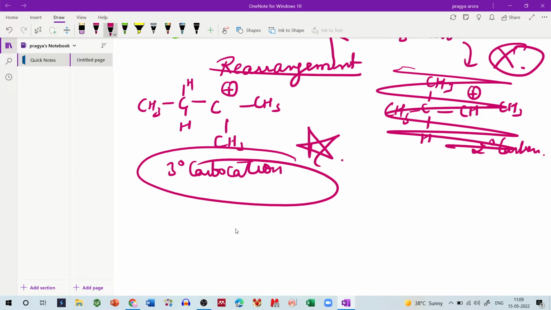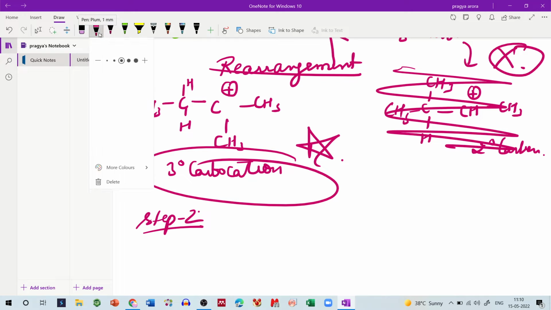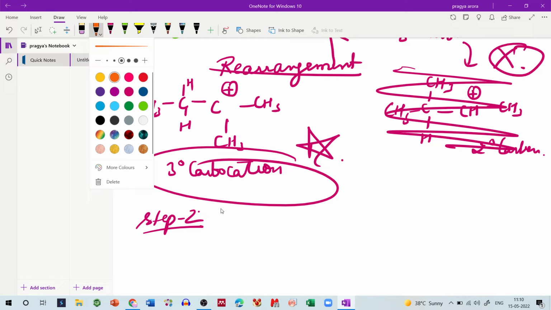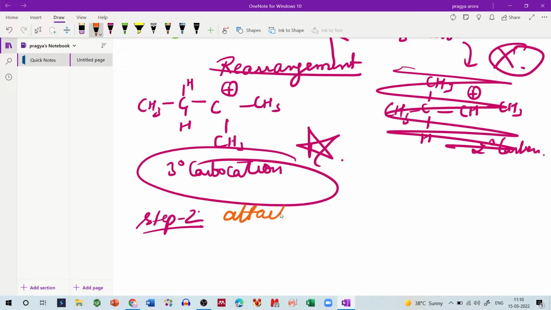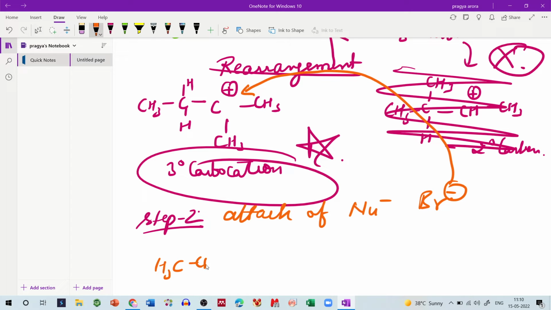Here, the second step, step 2, is the attack of the nucleophile. So when the bromide nucleophile comes, it will attack this more stable carbocation, and you will be getting CH3CH2C(CH3)2Br as the product.